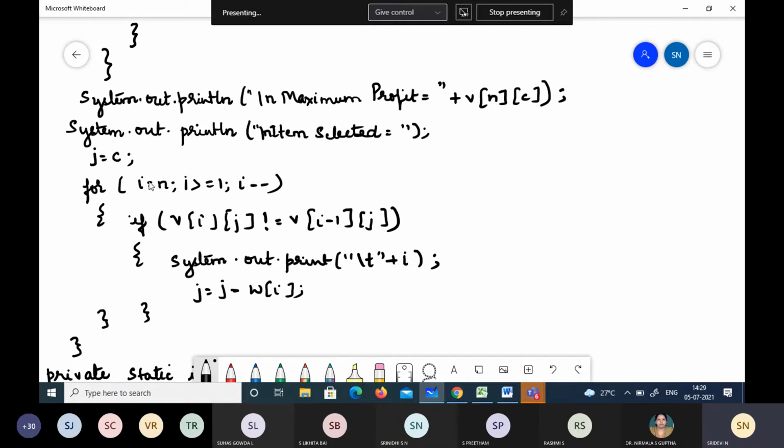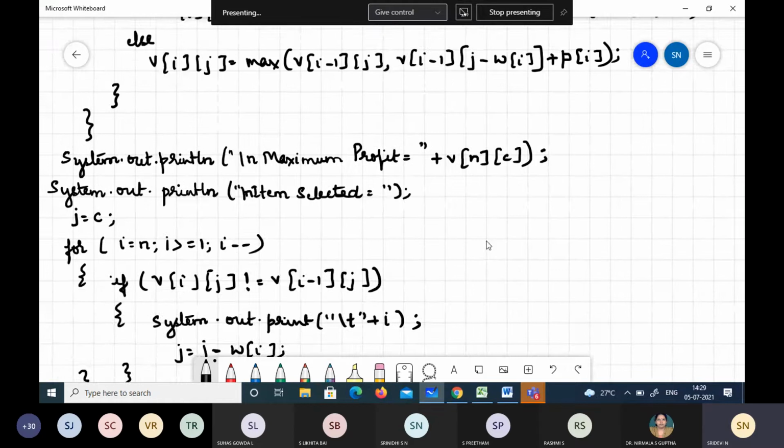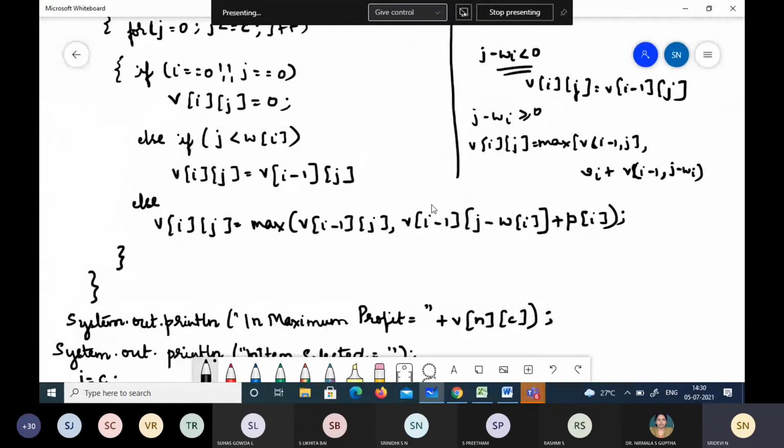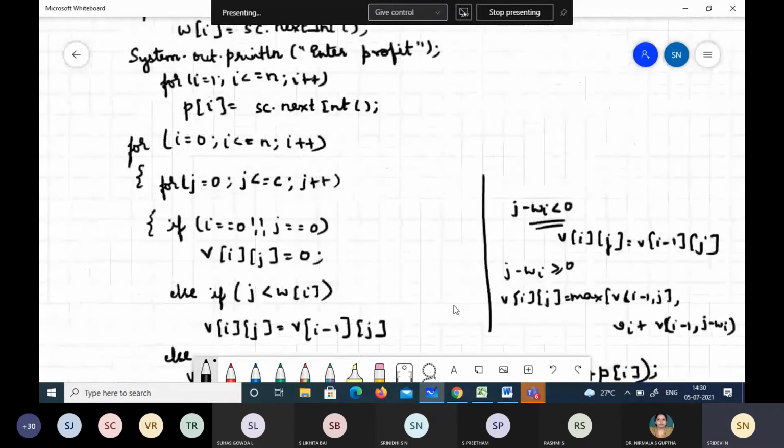So 5 minus 2, 3. So we will have 4 and 3. I will compare it with 3 and 3, isn't it? 4, i minus 1 becomes 3. So 3, 3 will be compared, and if it is not equal, then we say that particular object is selected. But in this case, let's see what happens.